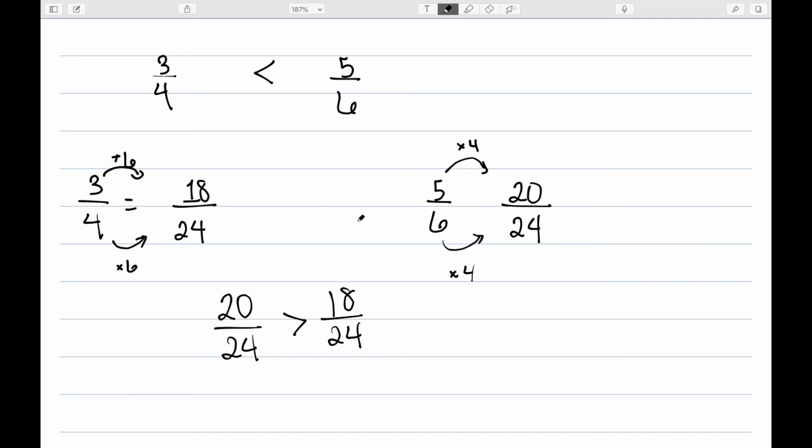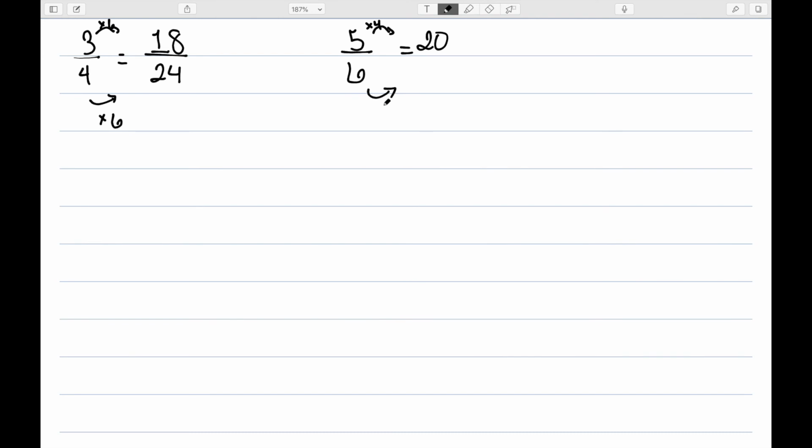So there is another way to do this without directly getting common denominators, which is cross-multiplying. In the previous example, when we looked at 3/4, we multiplied by 6 to get 18/24. And when we looked at 5/6, we multiplied by 4 to get 20/24. So really all we were comparing was the numerators.